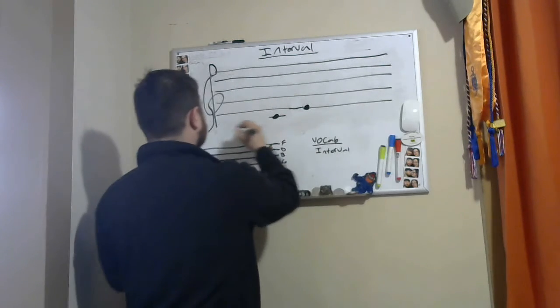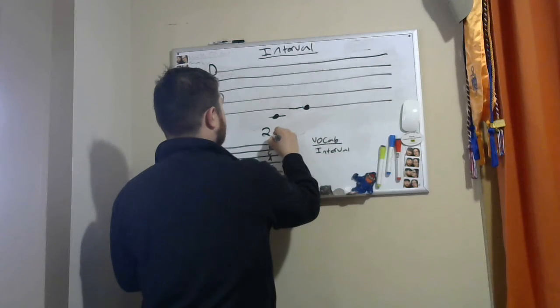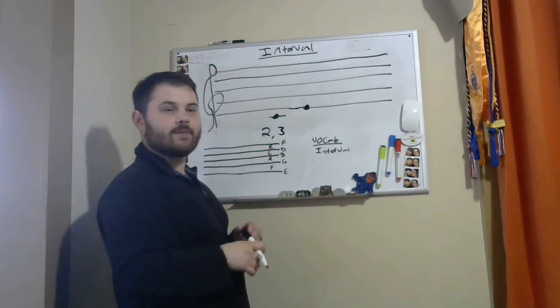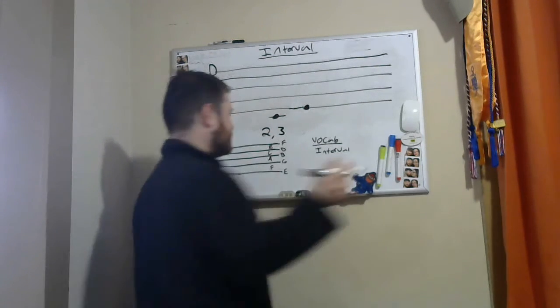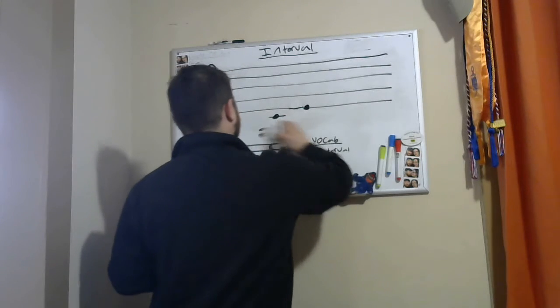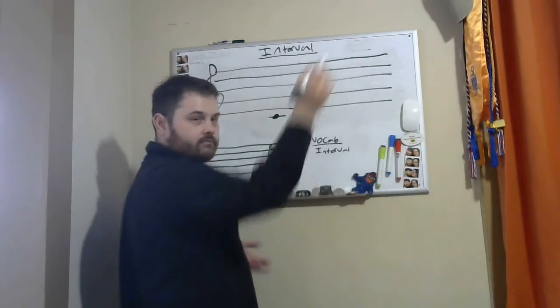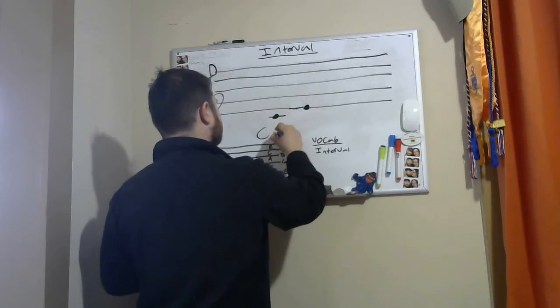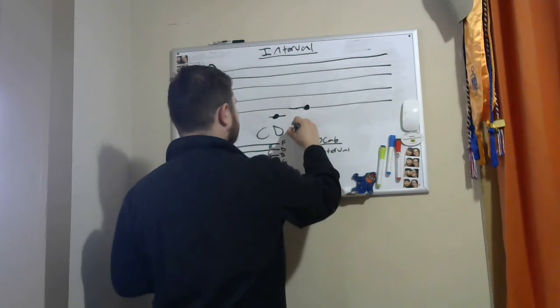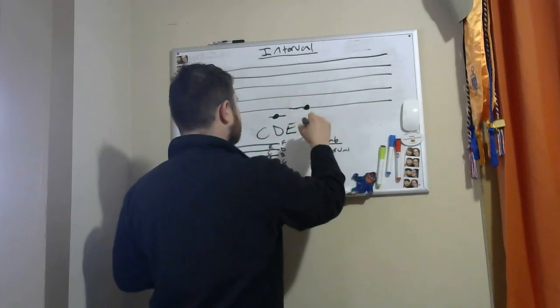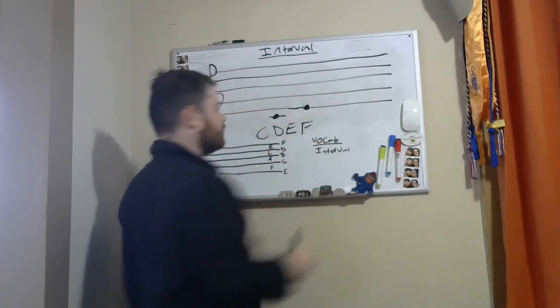We talked about seconds, we talked about thirds. What do you think we're going to talk about next? Fourths. So if we start on C, and we just go up 4 letter names, we have C, which is 1, D, 2, E, 3, F, 4. Just the alphabet.